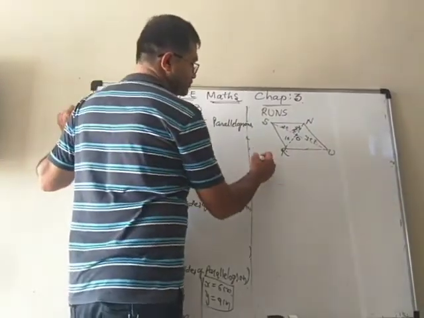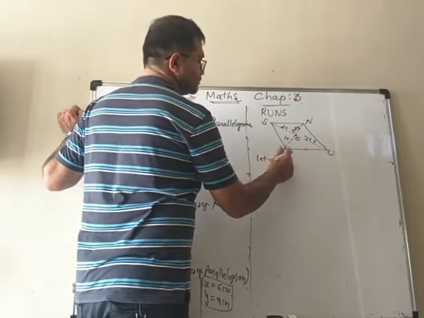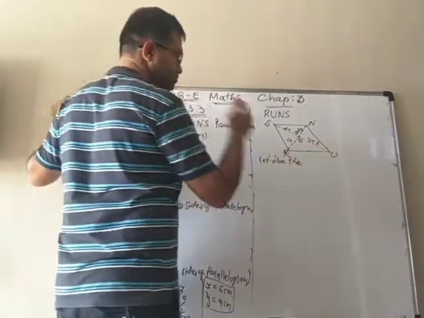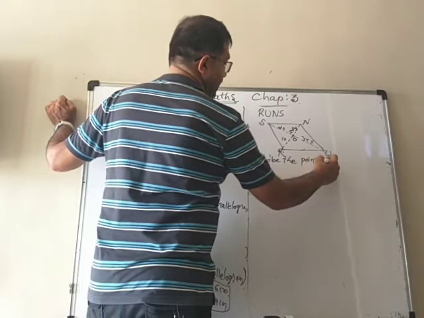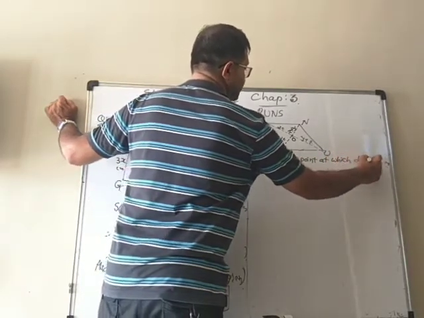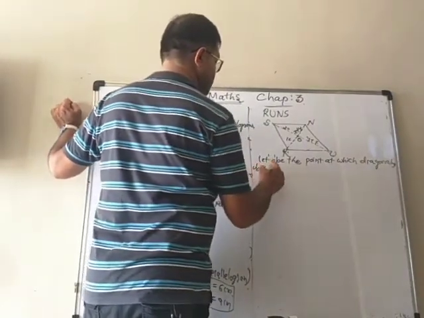Now, let O be the point at which diagonals bisect each other.